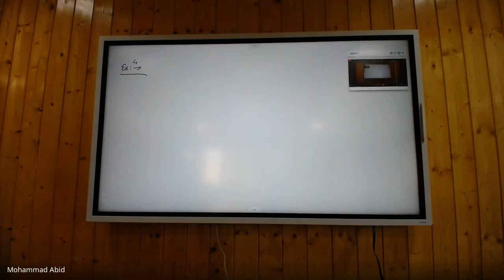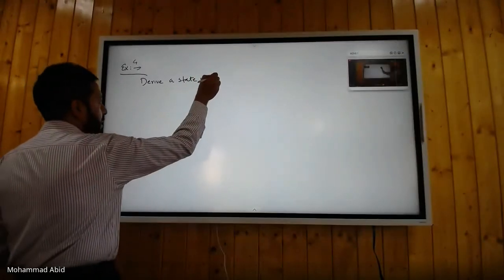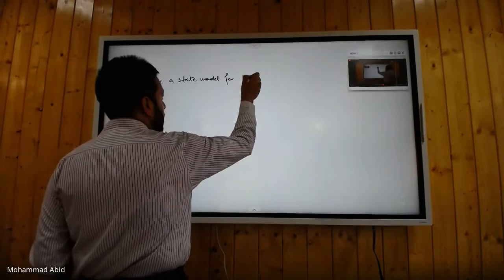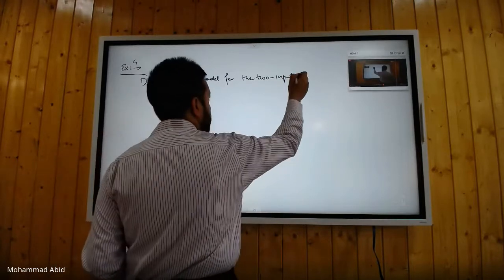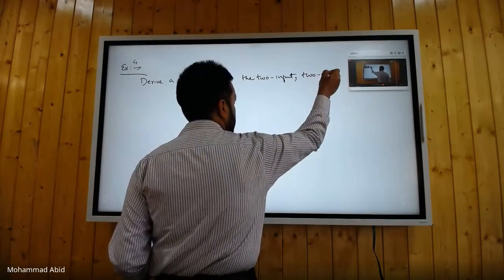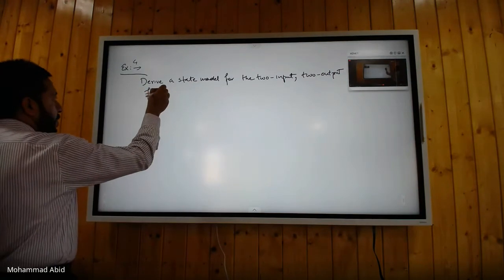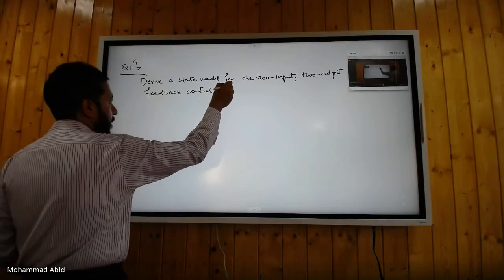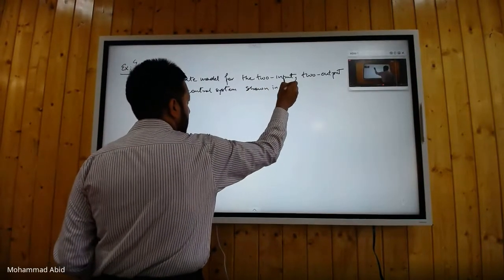Derive a state model for the two input two output feedback control system shown in figure 4.